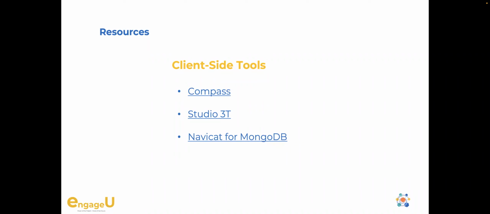There's a client-side package called Studio 3T, which looks like a typical SQL front-end management tool, but it's designed to work with MongoDB. I'm going to demonstrate that one when I finish the slideshow. And Navicat for MongoDB. I've used Navicat a lot for SQL, so I was familiar with it, so I've used that as an example.